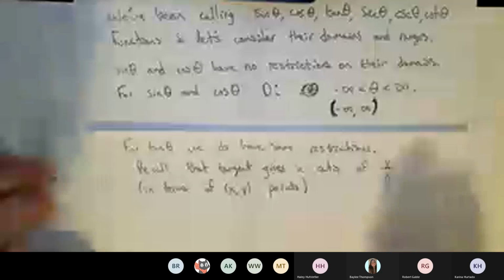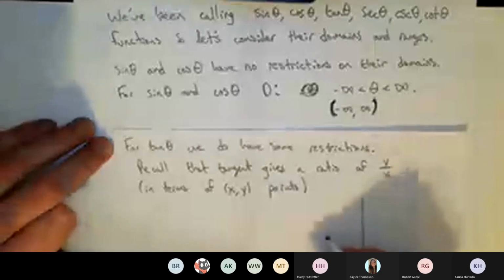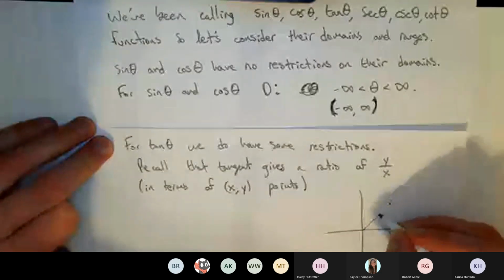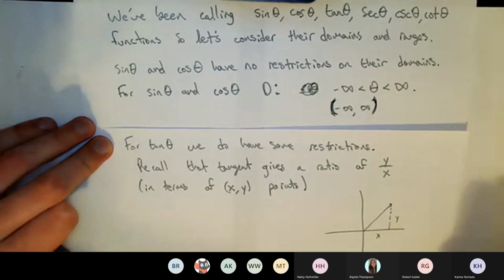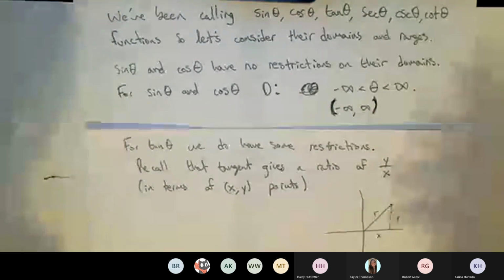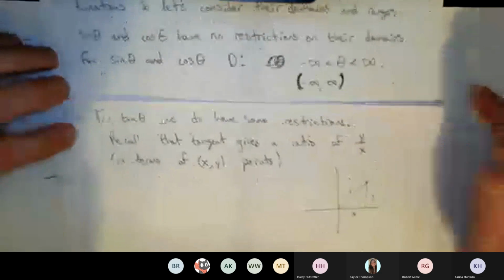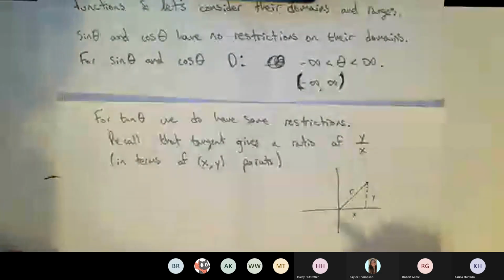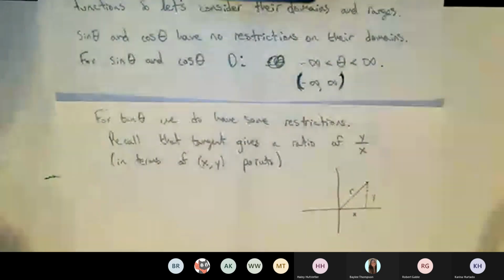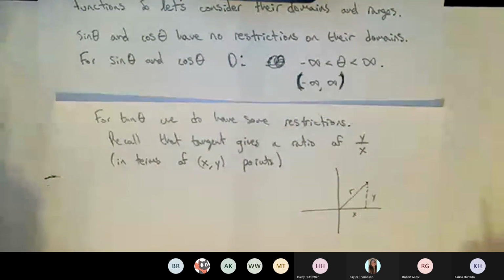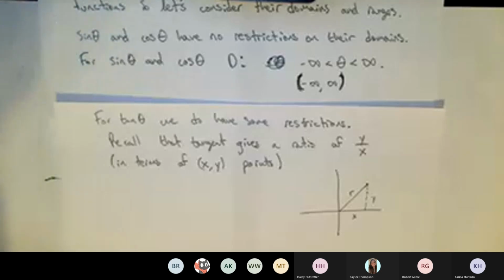Just thinking about a coordinate point on the graph, x, y, with this side being y, this side being x, and this side being r. Then we saw how sine of theta is y over r, cosine of theta is x over r, and tangent of theta is y over x. And when I say y over x, I literally mean coordinate values for coordinate points.